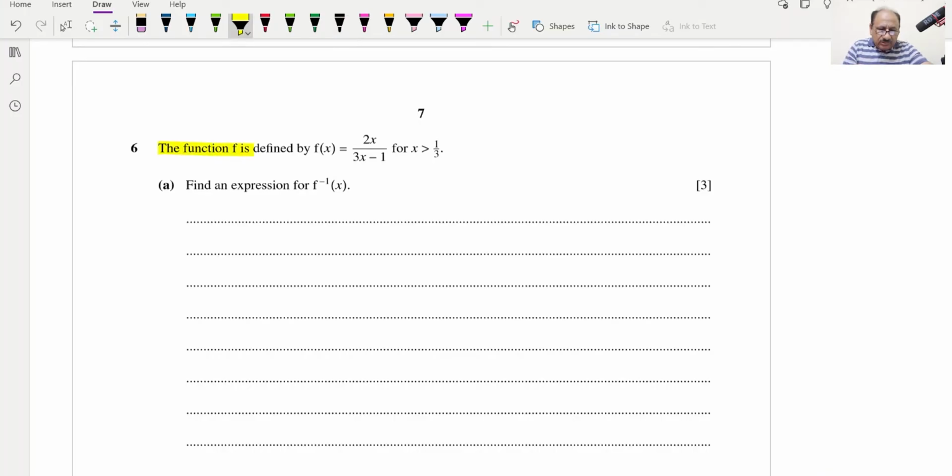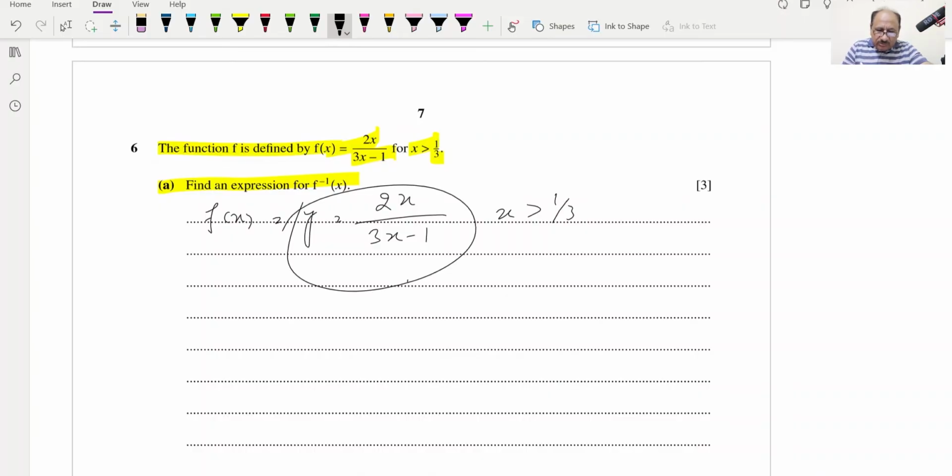This question says the function f is defined, this one, x is greater than 1 by 3, find an expression for f inverse of x. So for f inverse of x we will put y, so f of x we can write y is equal to 2x over 3x minus 1 for x greater than 1 by 3. So we can make x the subject, first we'll cross multiply, so 3xy minus y is equal to 2x, so 3xy minus 2x is equal to y.